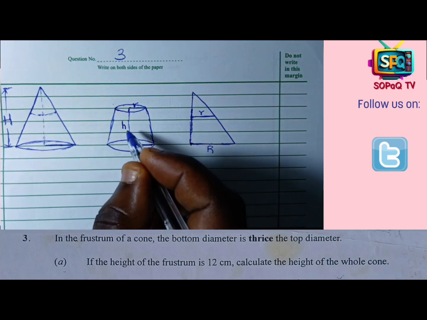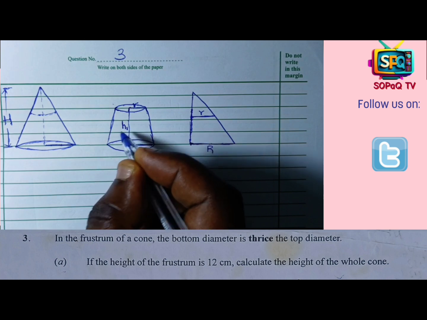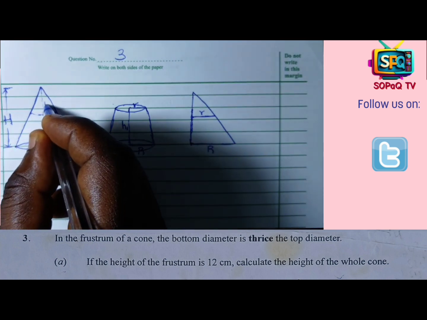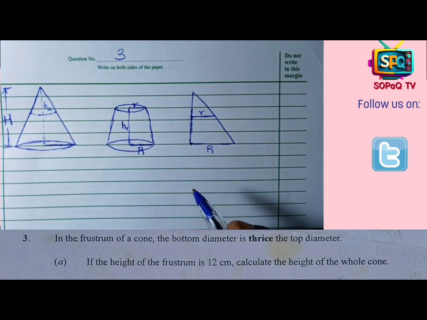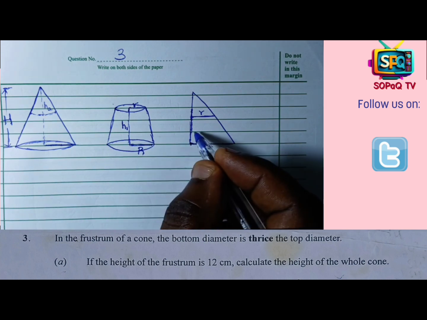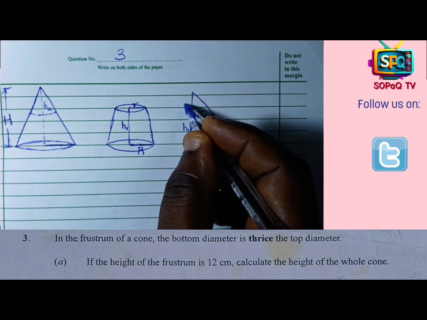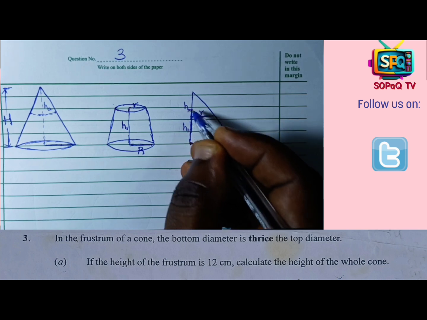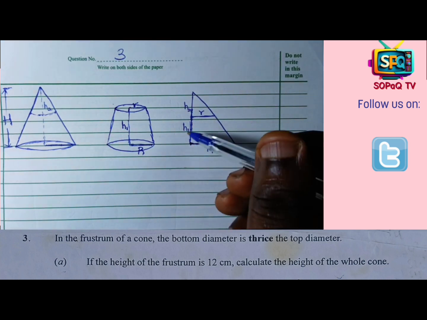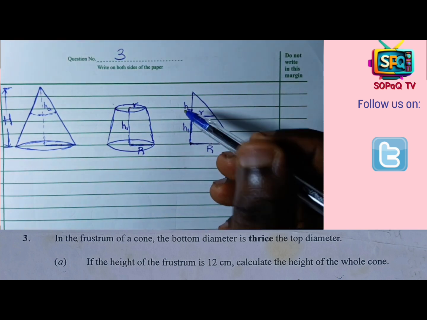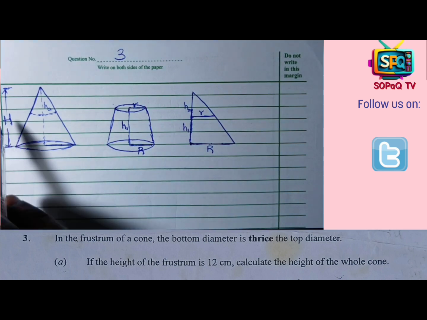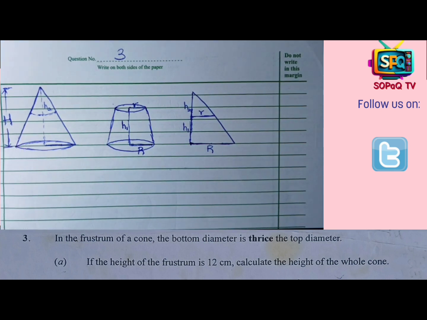So we can name this height H1 and the one here H2, so that the addition of H1 and H2 gives us the full length of the height H.